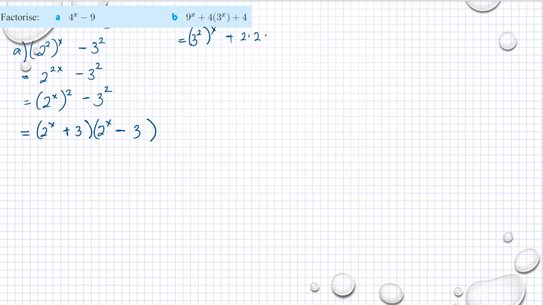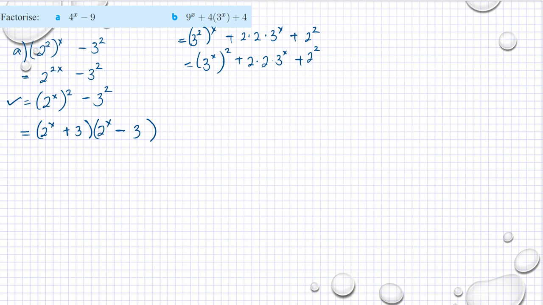And then we have times 3 raised to x plus 2 raised to 2. Changing the position, like what we did here, we just changed the position, so we have 3 raised to x raised to 2 plus 2 times 2 times 3 raised to x plus 2 raised to 2.